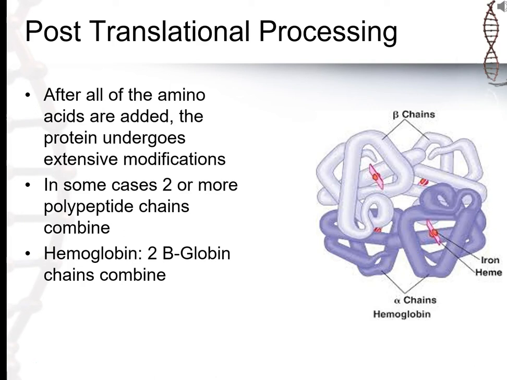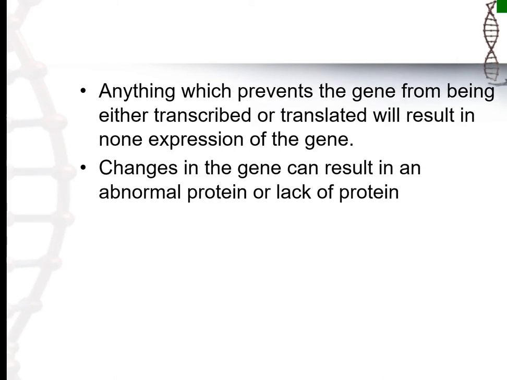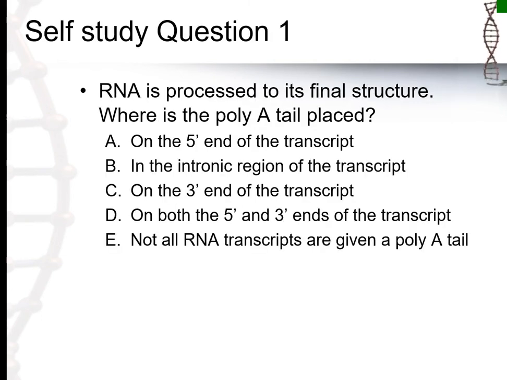So these are the problems with that. Pseudogenes are genes that, like I said, closely resemble a gene but are no longer used. Anything that prevents a gene from being either transcribed or translated will result in non-expression of the gene. Changes in the gene can result in abnormal protein or lack of protein.